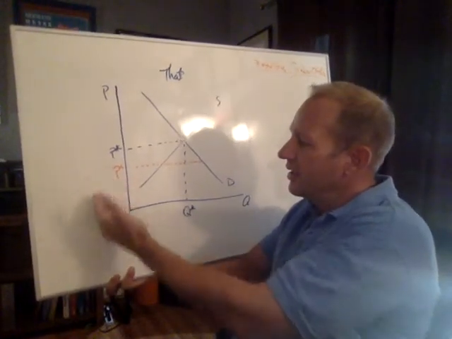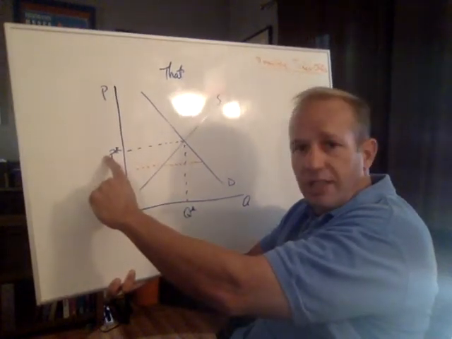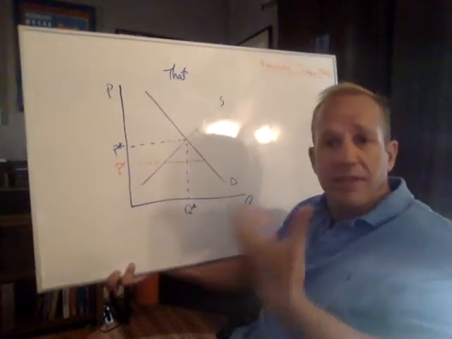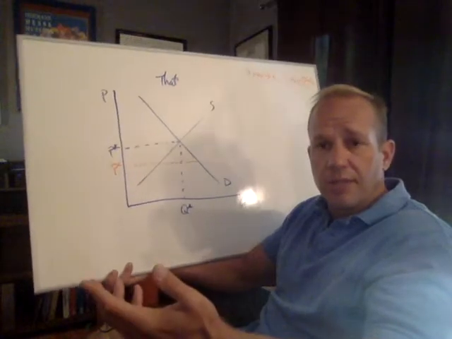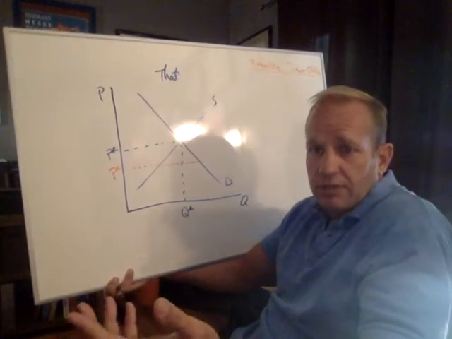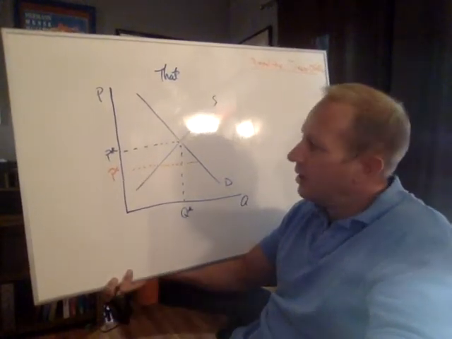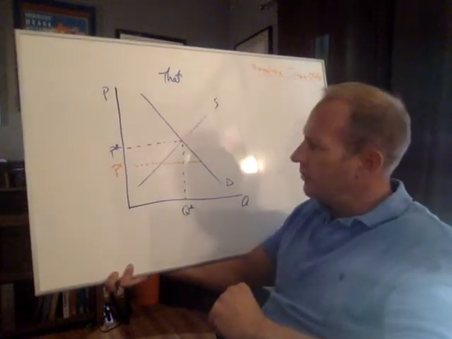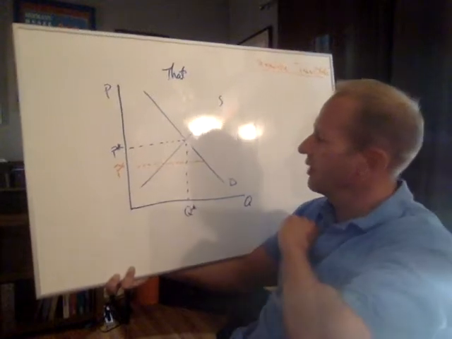So the ceiling that's stopping the price from going up to where it wants to by nature is below the equilibrium, if it's to matter. If you drew it up here, then what you drew is a non-binding price ceiling, which can occur, and the effects of that are really nothing because the market price is going to remain here. So for it to be a binding price ceiling, it should look like this.